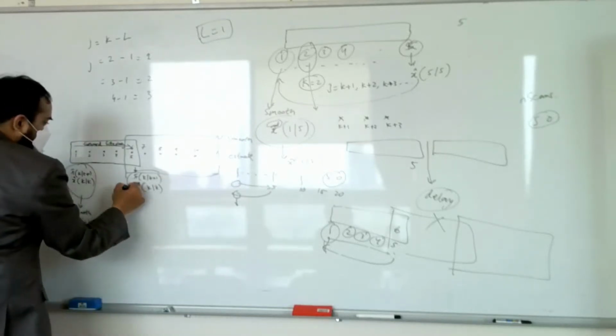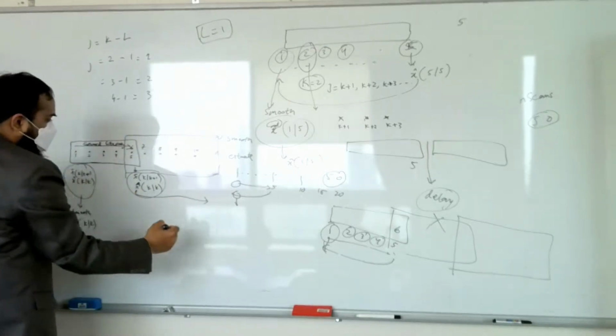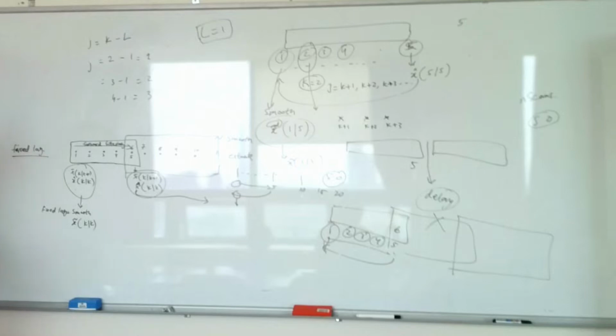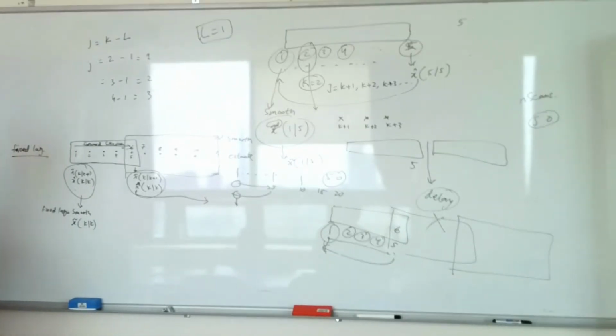Then again, this starts from here, 6 to 10. 5 and 6 are the same point.